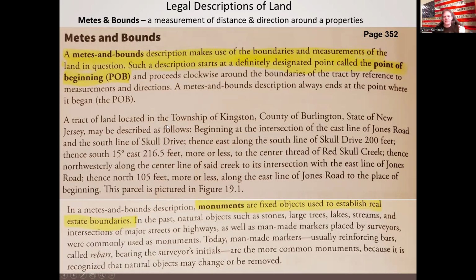It says, a tract of land located in the township of Kingston, County of Burlington, State of New Jersey, may be described as follows.